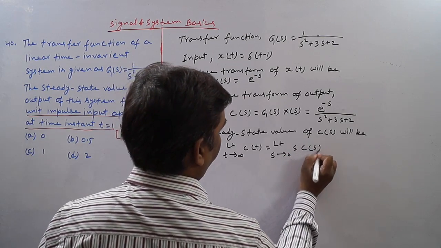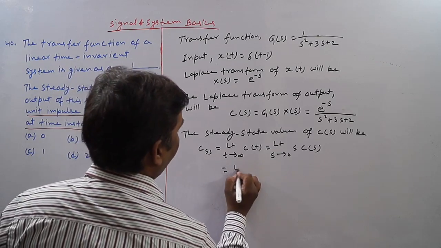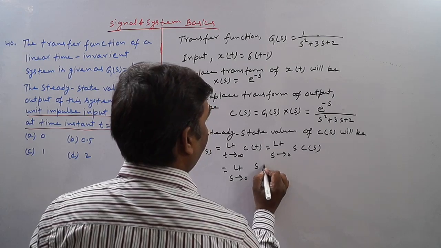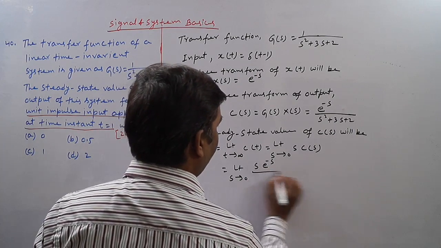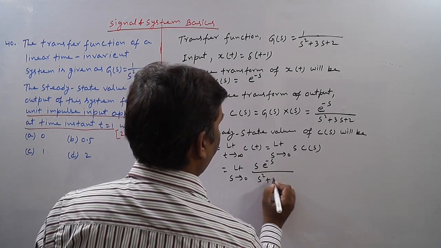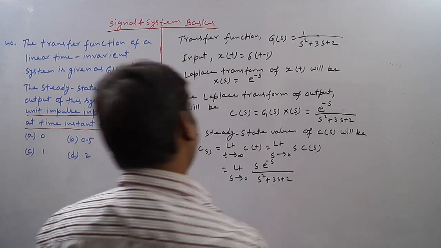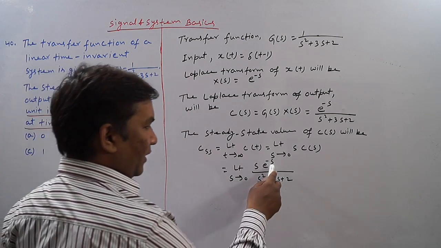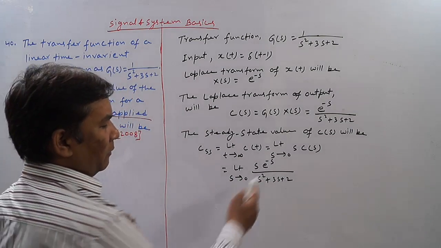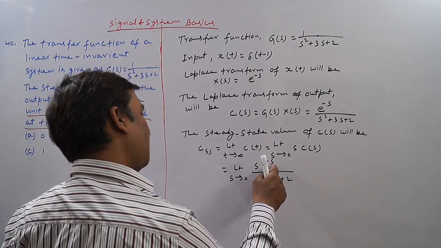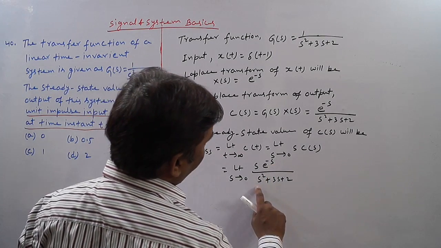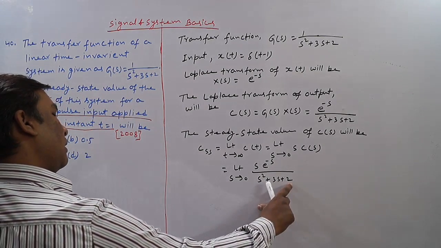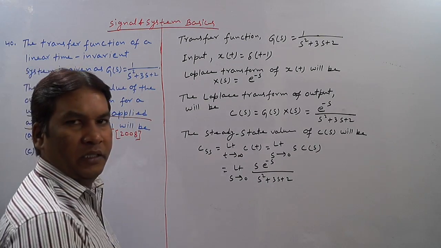And this will be limit s tends to 0 s multiplied by e to the power minus s divided by s square plus 3s plus 2. So now if we put s equal to 0, then e to the power minus s will become e to the power 0, and that will become 1, and in denominator these two terms will become 0, and only 2 will be left in denominator.